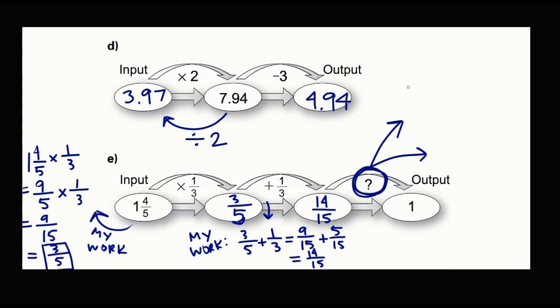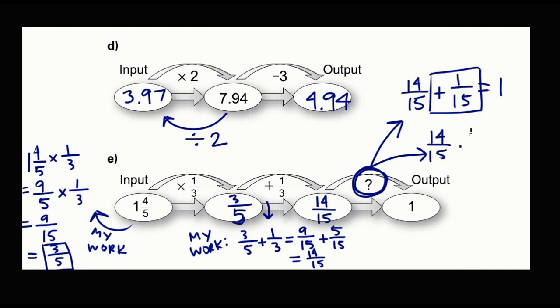If I take 14/15 and I add 1/15, that will get me to 1. So this is one operation that could go in place of the question mark. Another one is, if you remember our reciprocals, you could multiply by 15/14 to get 1. So here are 2 possibilities for operations you could do for that last one.